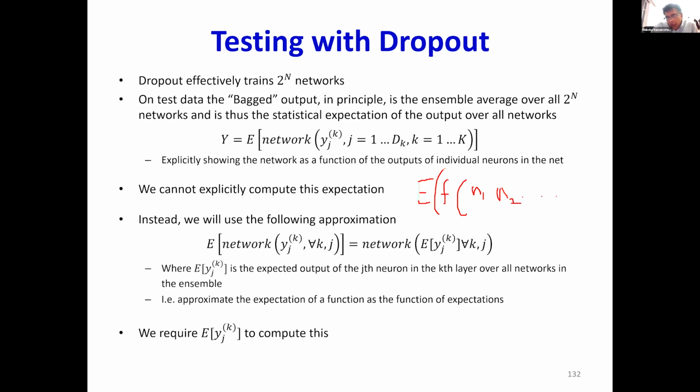So these are all the neurons in the network. This is what I'm taking the expectation of, but this is hard to compute. So I'll make an approximation. I will say this is the same as the function of the expectation of the individual neurons.